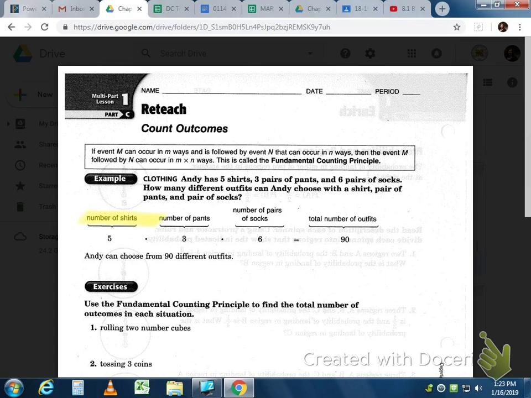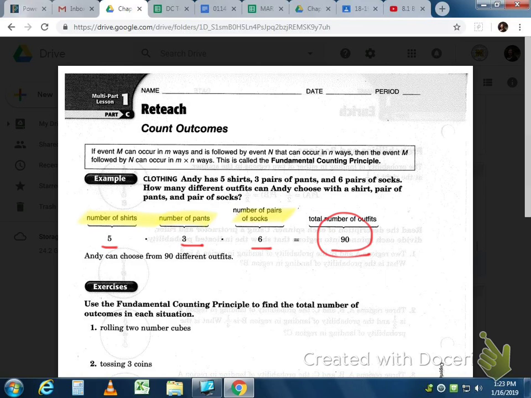So we've got shirts, pants, socks. How many shirts? 5. How many different pants? 3. How many different pairs of socks? 6. And you simply multiply 5 times 3 times 6, you get 90 different outfits.